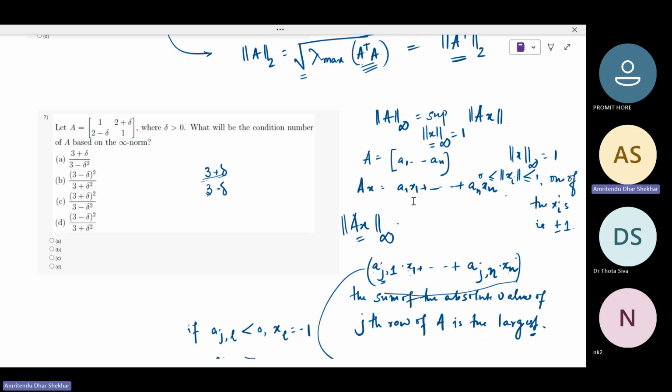For the sup norm, you look at the row. For the one norm, you look at the column for which the sum of the absolute values of the elements of that column is maximized. Hopefully it's clear.